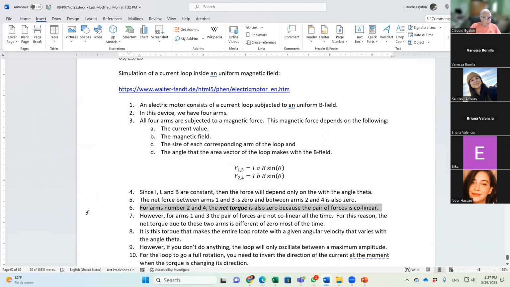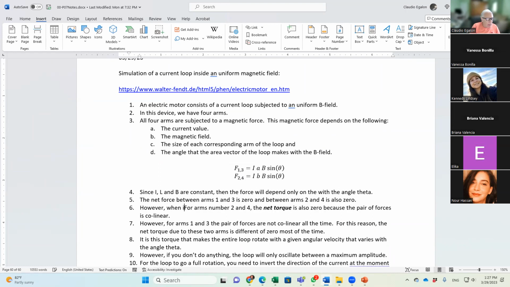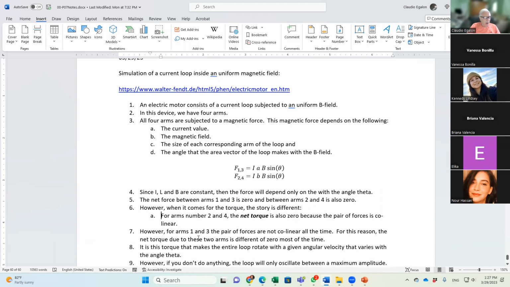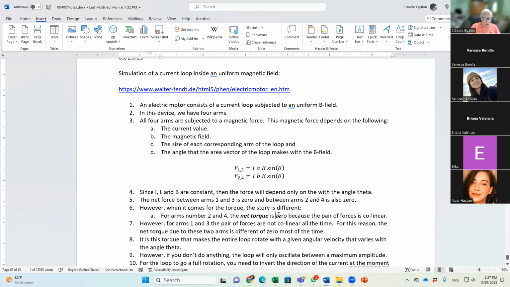The net force is zero, however, when it comes to the torque, the story is different. For arms 2 and 4, the net torque is 0 because the pair of forces is collinear. However, for arms 1 and 3, the pair of forces are not collinear all the time.